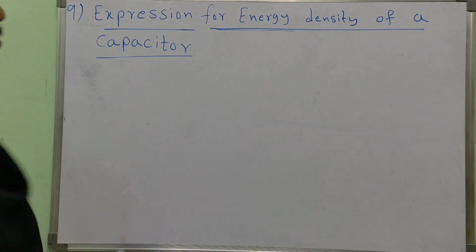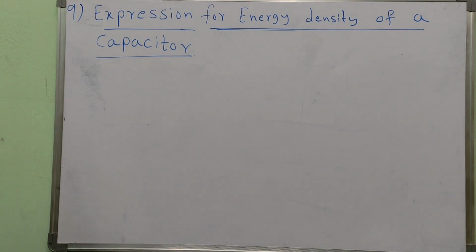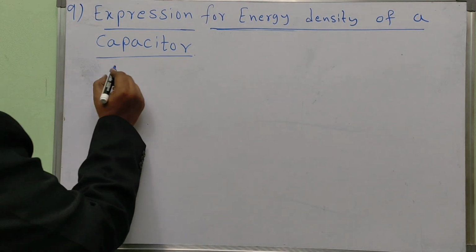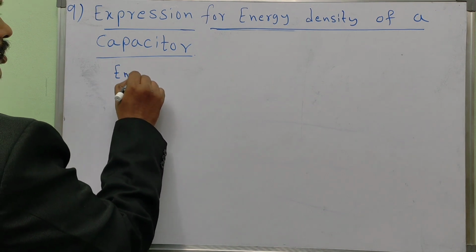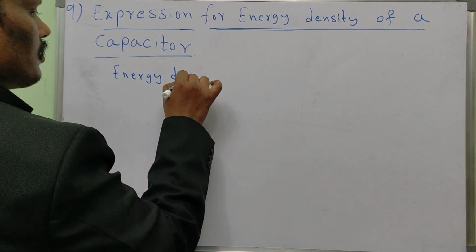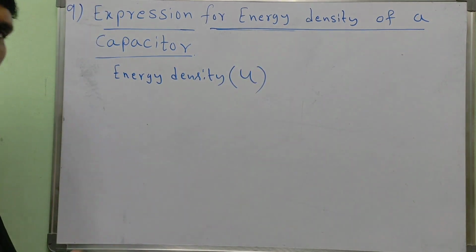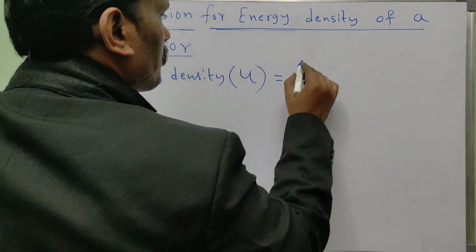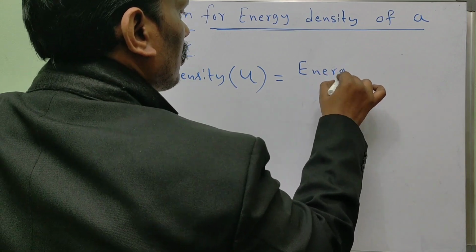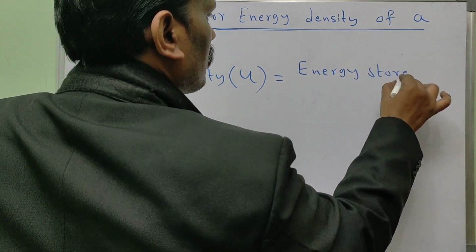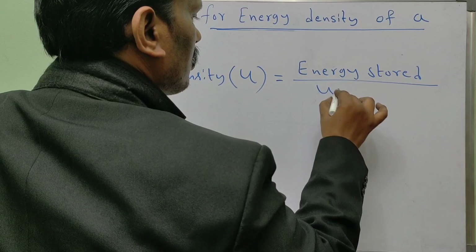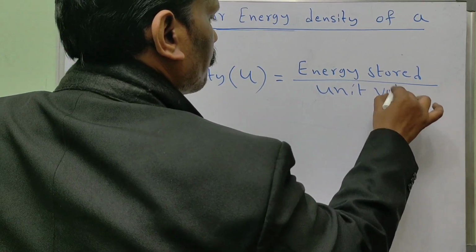Derivation 9. Expression for energy density of a capacitor. Energy density, generally represented with a symbol small u, is nothing but the energy stored in a capacitor per unit volume.